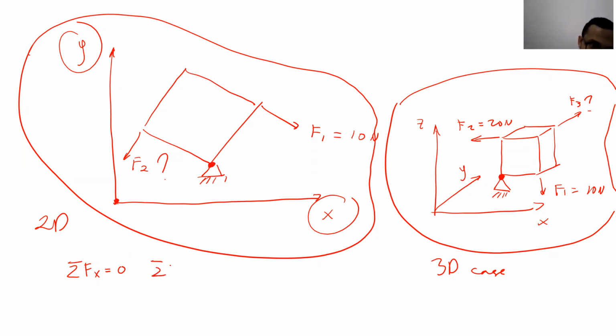Besides that, the total force in the y direction is supposed to be equal to 0 as well. And the last thing, the sigma moment, the total moment happening everywhere in the body, is equal to 0.